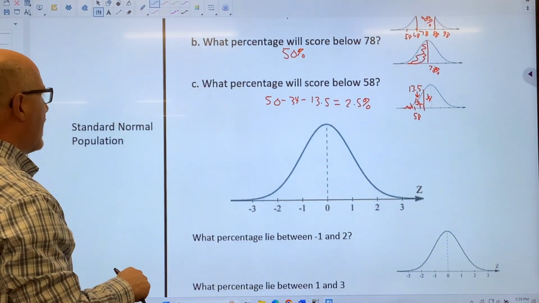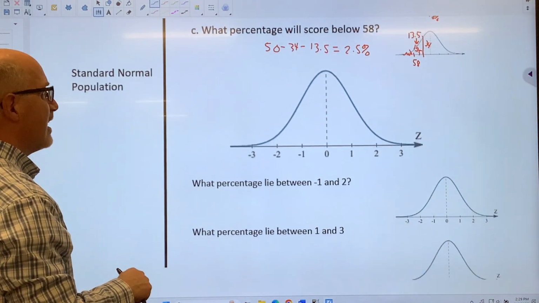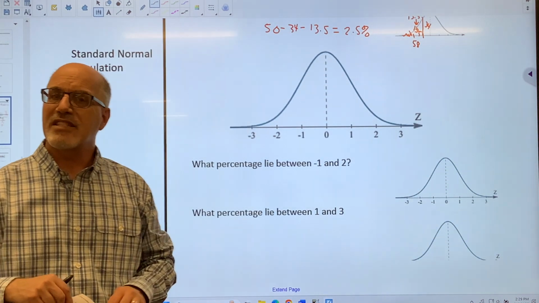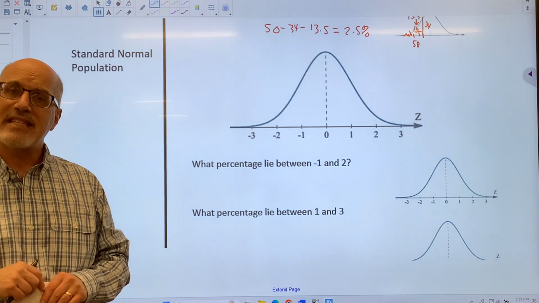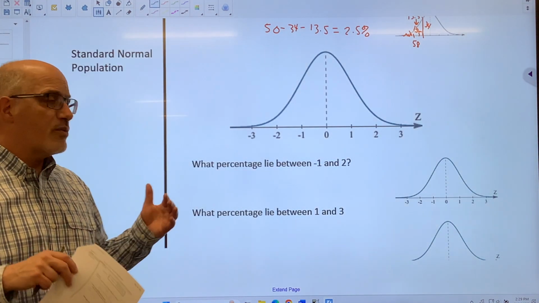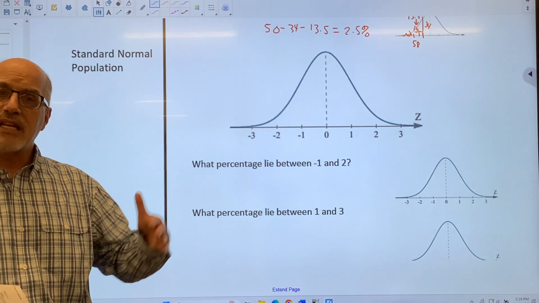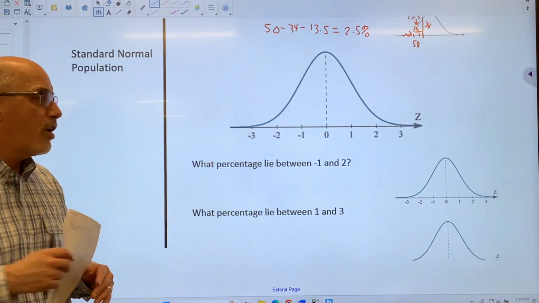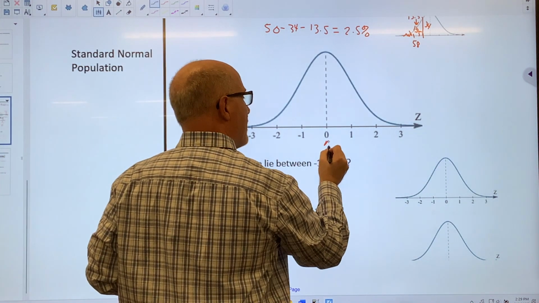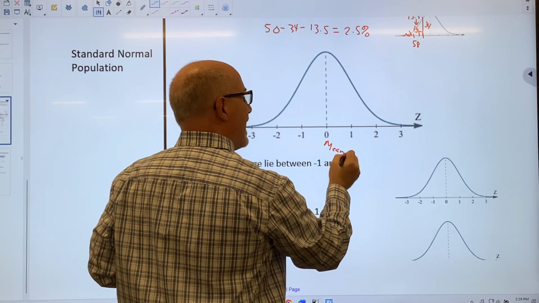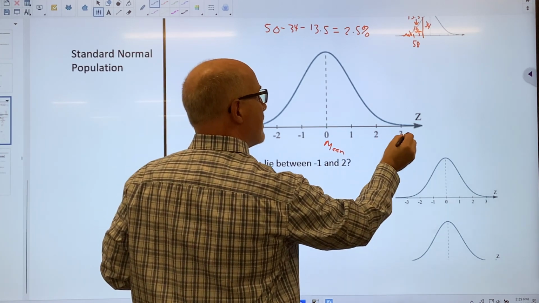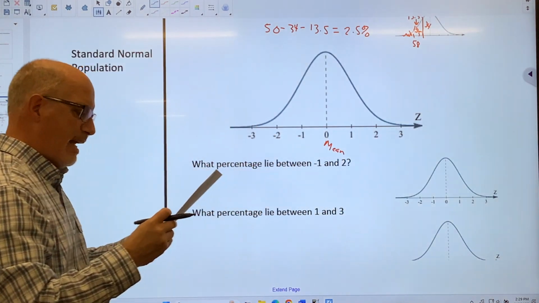All right, now that's for a specific data set. What we often do with our data sets is we will standardize it, where instead of using a specific number for the mean and standard deviation, we'll call the mean 0, the middle of the graph is 0, and then this would be how many standard deviations we're going above and below the graph.